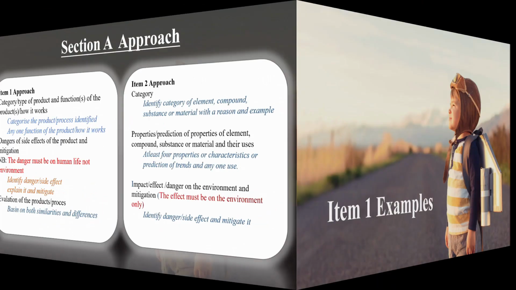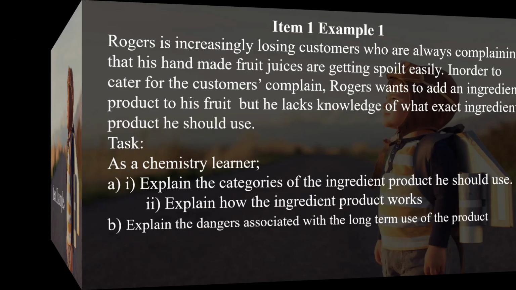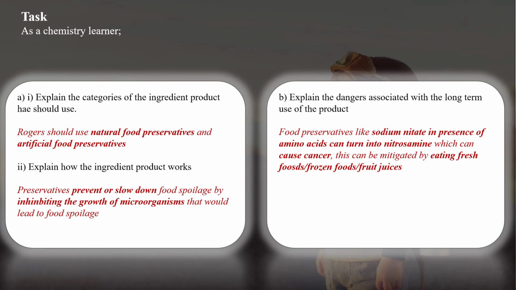When we approach this scenario item, we first categorize, just as we did. We have categorized natural food preservatives and artificial preservatives. Those are the categories of food preservatives that Rogers will use.